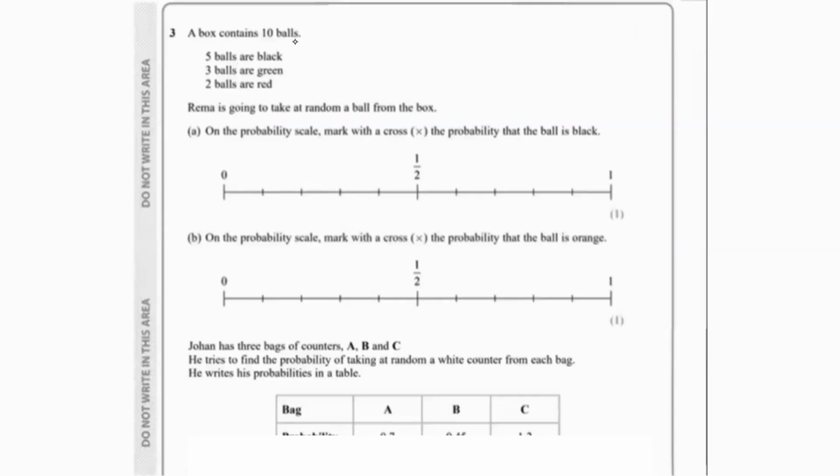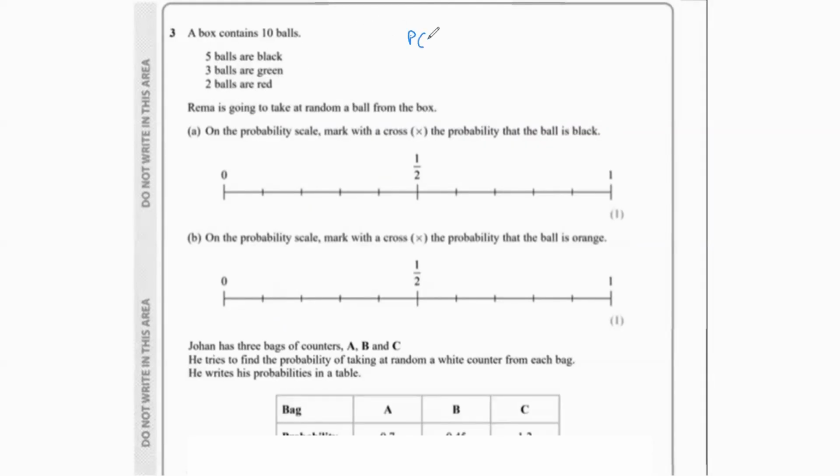Question 3 says a box contains 10 balls. 5 balls are black, 3 balls are green, and 2 balls are red. Rema is going to take at random a ball from the box. On the probability scale, mark with a cross X the probability that the ball is black. So we can see that there are 5 balls that are black.